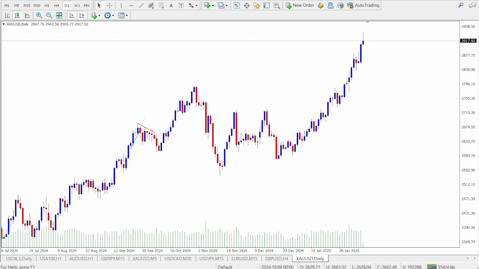So why should you trade daily charts instead of staring at your screen all day on lower time frames? Here are the key reasons. On the daily chart, there is less market noise.